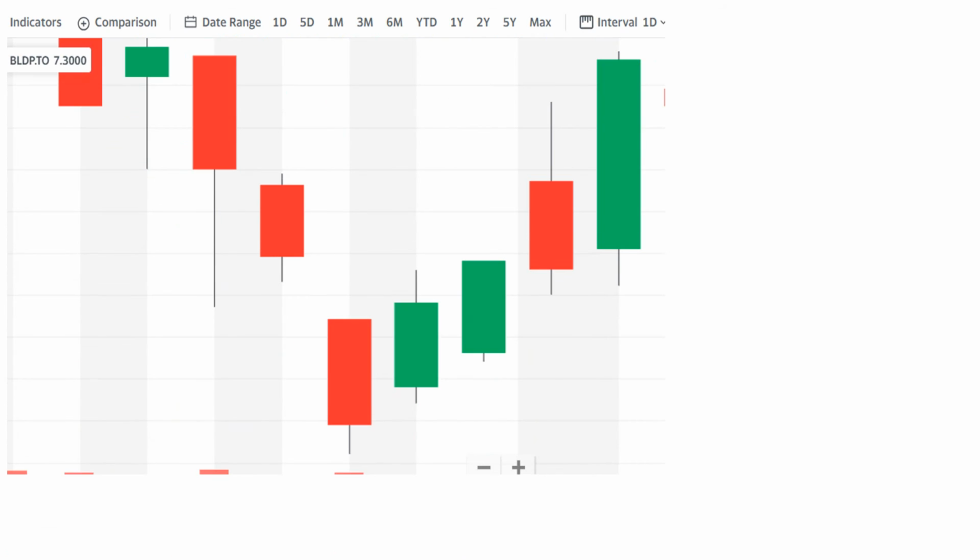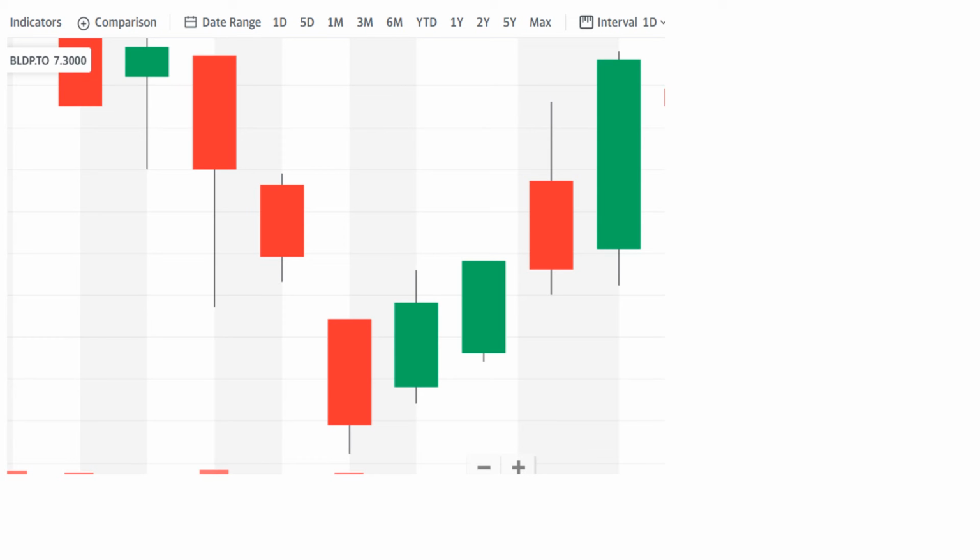This is the same BLDP stock on one time frame, and these are the 3 candles at the bottom of this downtrend. The rule to blend these 3 candles is so easy.